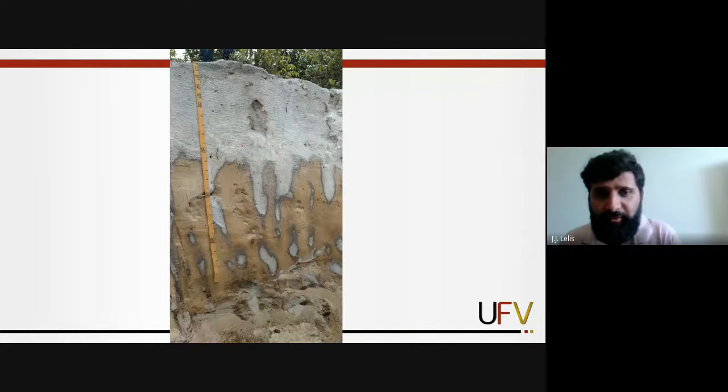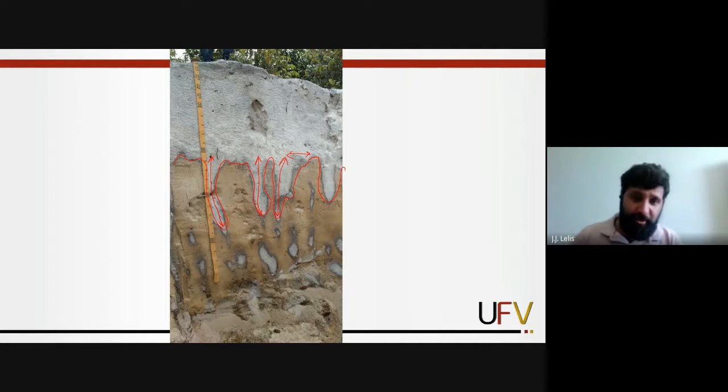Oh, this one is very beautiful. We can see a transitional here with the stones. Okay, and then another one, and the last one. These are the irregular transitionals. We can see depths that are very high, higher than the width of the undulation.